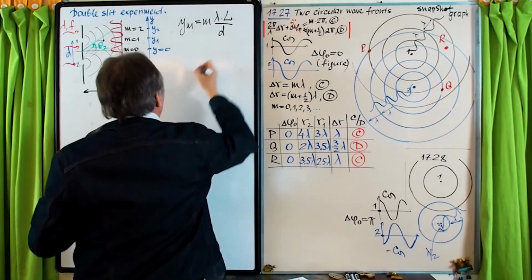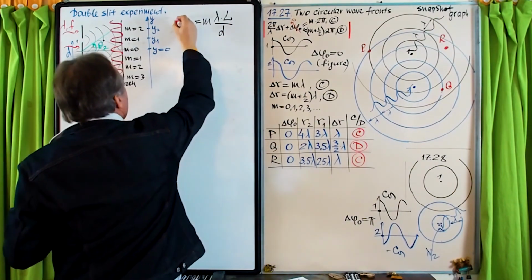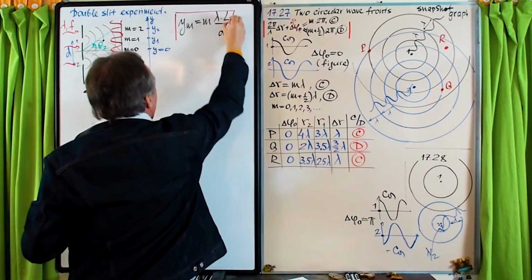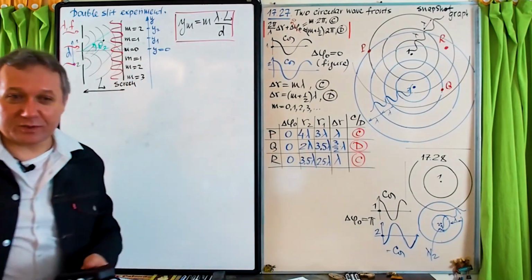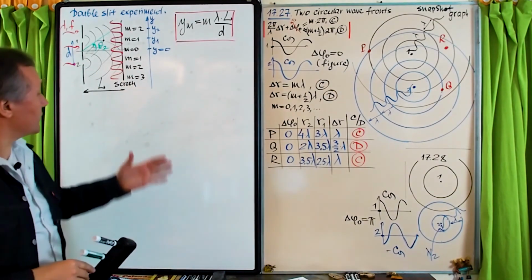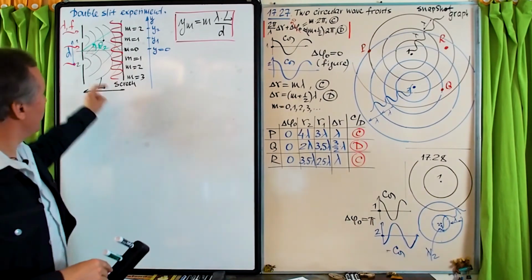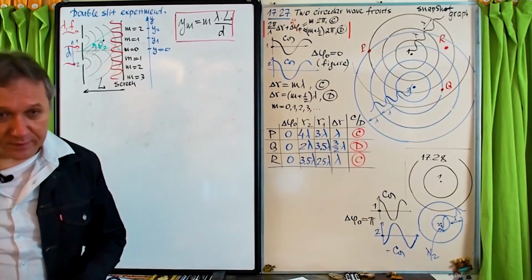So this is the formula that you have to use, nothing else except this simple formula, to find the position of the bright spots, measured from the center of the screen.